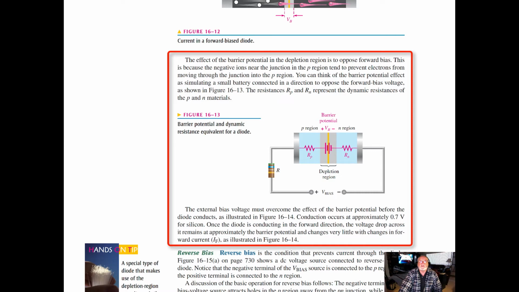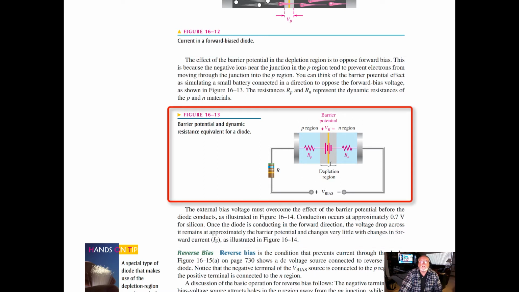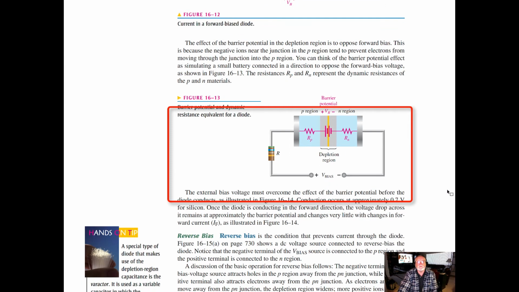The resistances R sub P and R sub N represent the dynamic resistances of the P and N material. So you can see here how they've set this up, with these resistances P and N with a source for the potential in the depletion region.